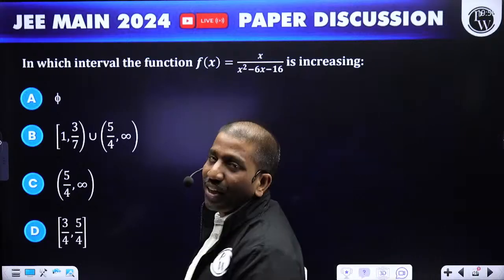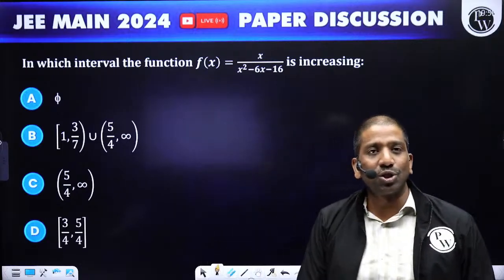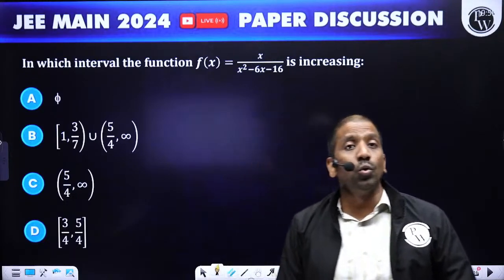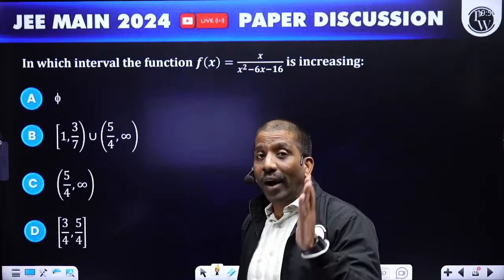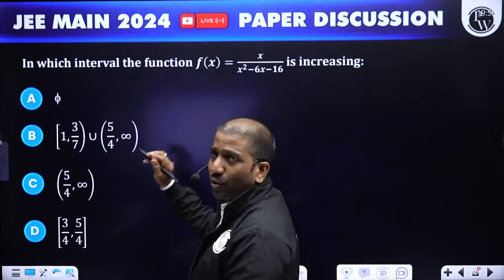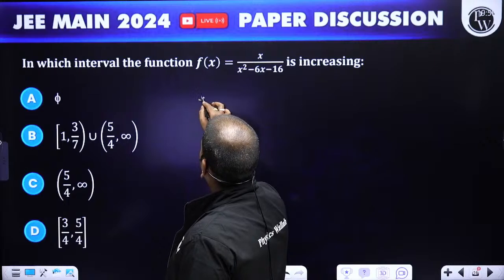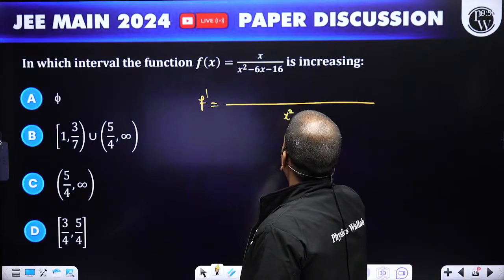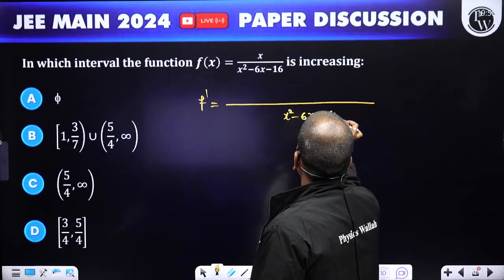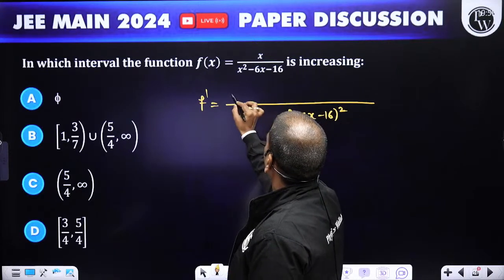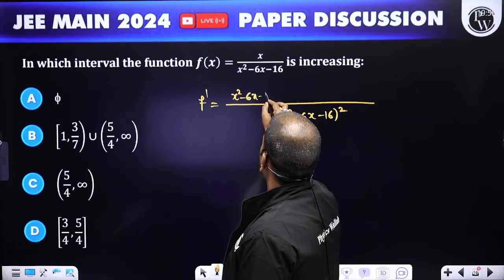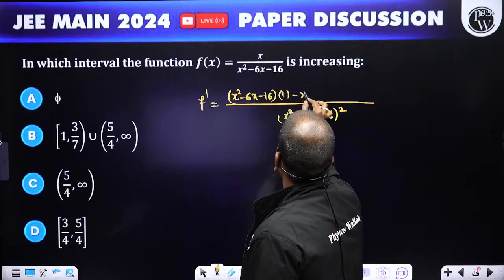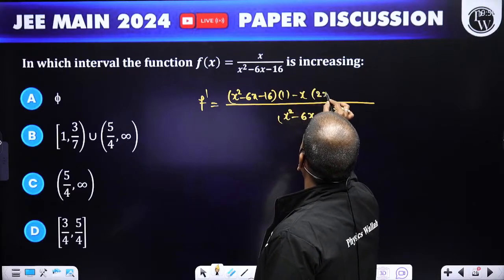Now, increasing decreasing function from monotonicity. When we have a question from monotonicity, what do we do? We find the derivative. So let us find the derivative. Don't worry, it's a rational function only. f dash of x, using the u by v formula: x square minus 6x minus 16 whole square. Derivative of x is 1, minus x times the derivative of this function, 2x minus 6.